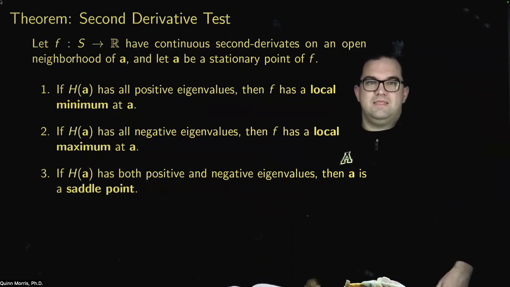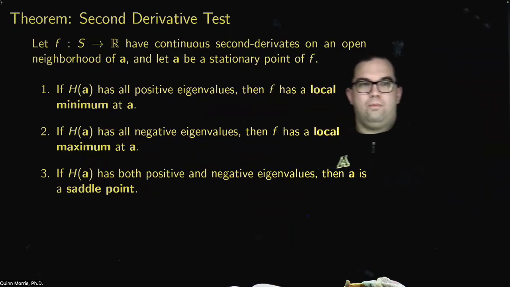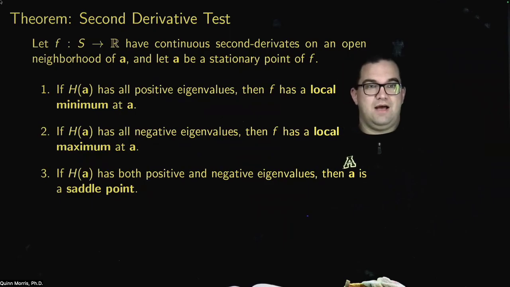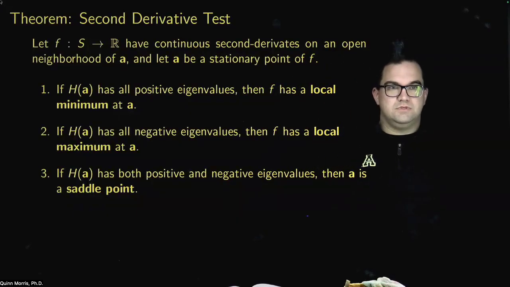We want to prove that if the Hessian matrix H of A has all positive eigenvalues, then f has a local minimum. If that Hessian matrix has all negative eigenvalues, then f has a local maximum at A. And if that Hessian matrix has both positive and negative eigenvalues, then A is a saddle point.